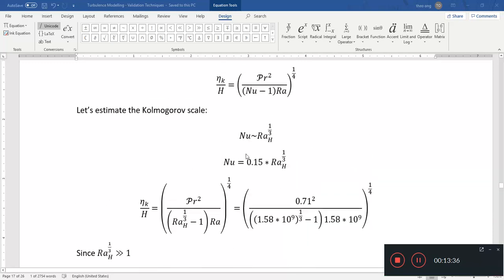So I substitute Nusselt number equals Rayleigh number cube root into this correlation here. Of course, we realize that this cube root of the Rayleigh number is much bigger than 1, so I just get rid of the 1 over here. Because if you take the cube root, this will be about 100, so really no point to have this minus 1.